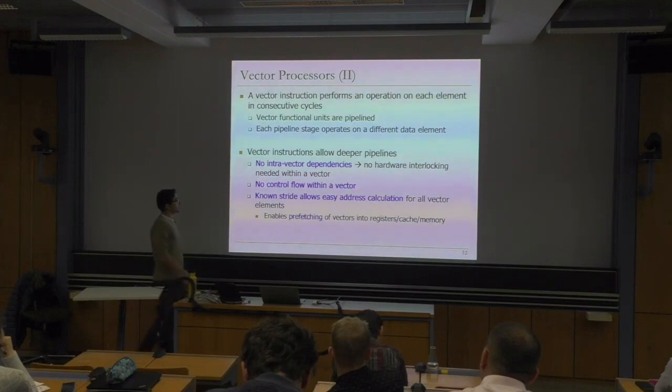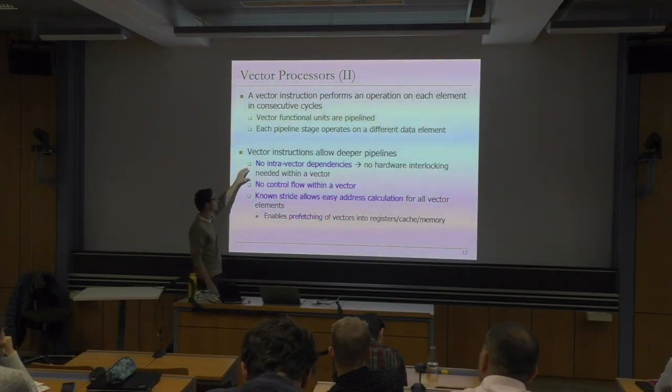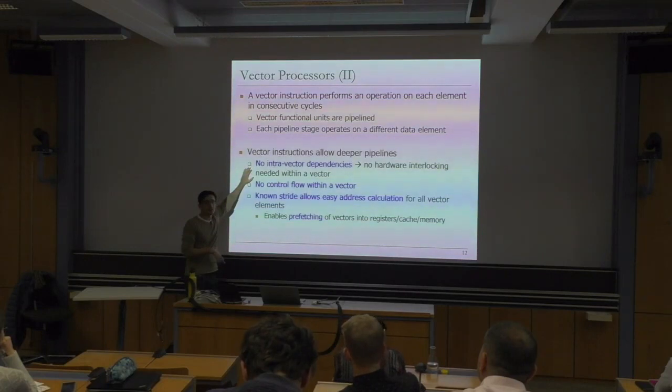And why is it possible to have deeper pipelines when we are executing vector instructions? It is possible because there are no intra-vector dependencies. Recall how these vector instructions are executed in the vector processor.